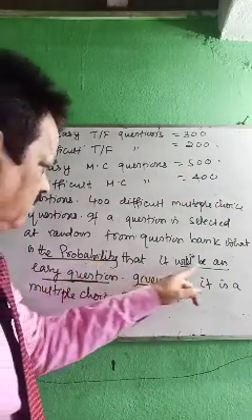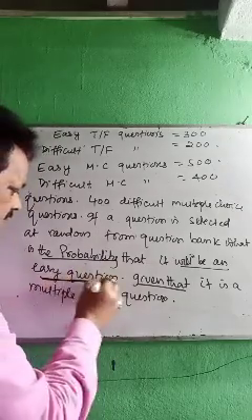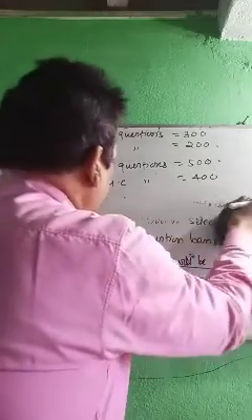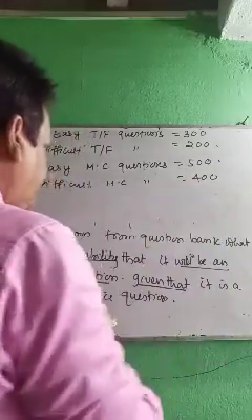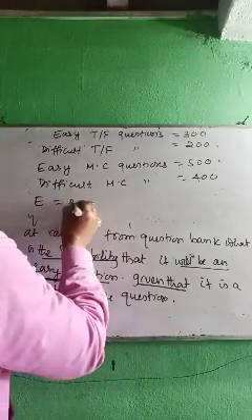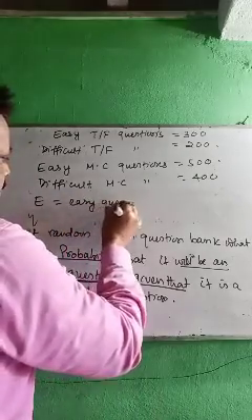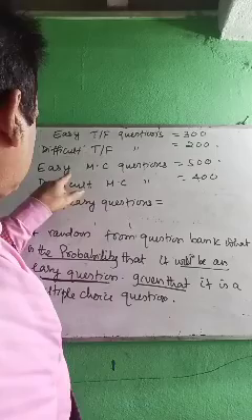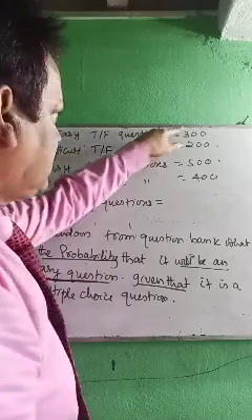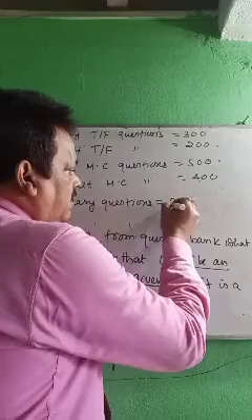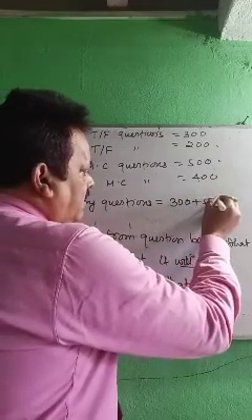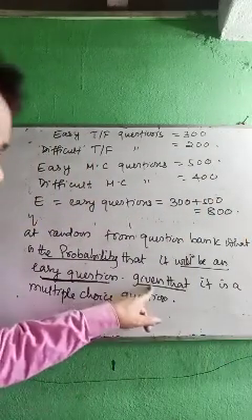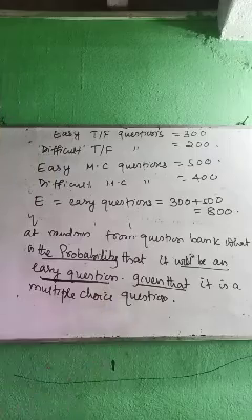Now come to our question. What is the probability that it will be an easy question? Easy question will be E for us. E stands for easy questions. Look at, easy question is this, easy question is this. Total easy questions how many? 300 plus 500, that is 800. Then given that is F, it is a multiple choice question.